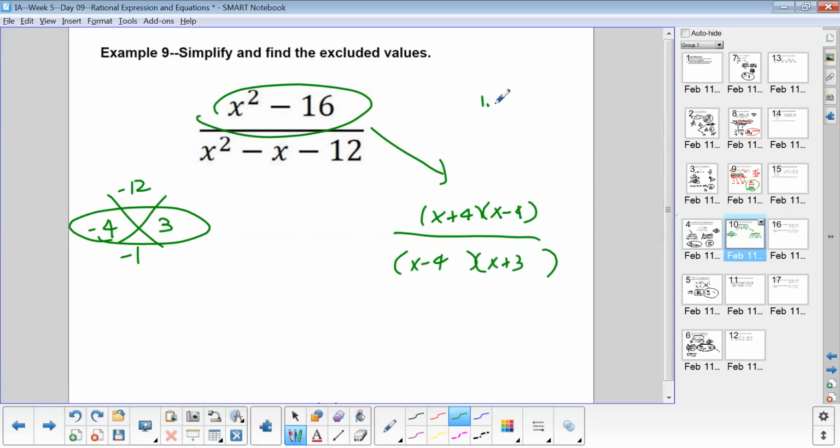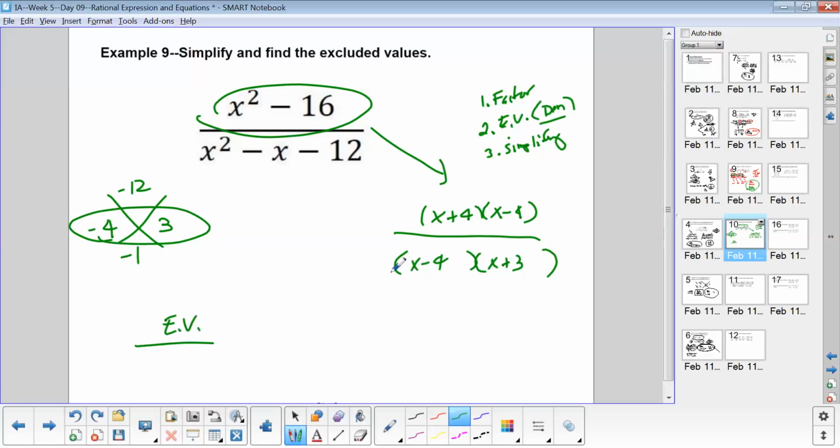So again, I want to factor as much as possible. I want to look for the excluded values in the denominator, and then I want to simplify. You're going to see that process over and over, especially with our simplifying of rational expressions. So excluded values, your eyes, like I said, go to your denominator.